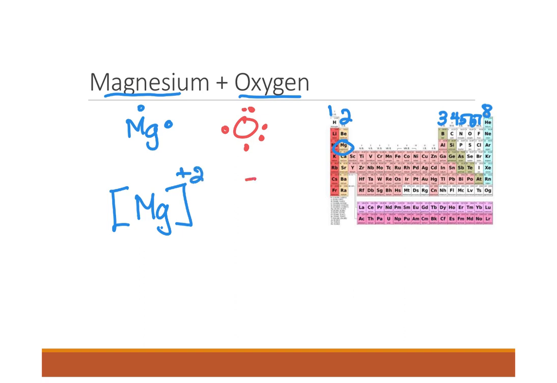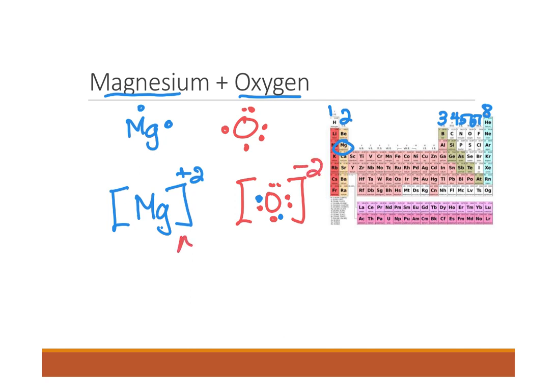And oxygen is going to accept those electrons when the chemical bond is formed. So to the 6 electrons that are happening naturally in oxygen, we're going to add those 2 from the magnesium. So at the end result, oxygen has added 2 electrons beyond what it has normally, and so it has a negative 2 charge.